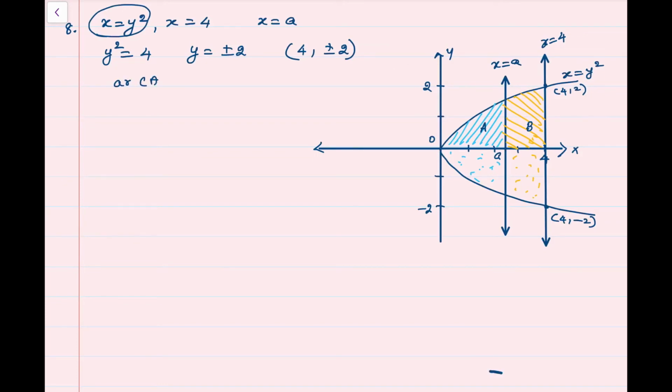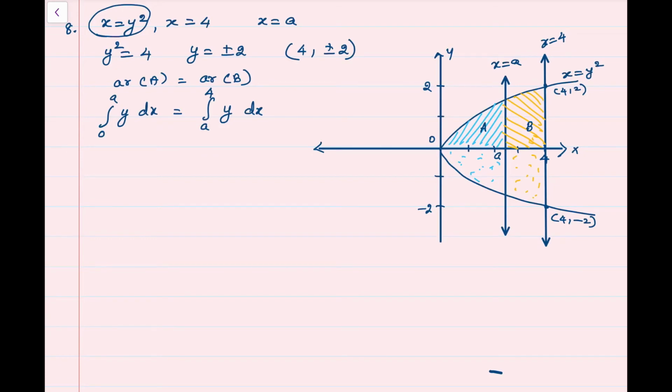So, area A is equal to area B, and both these areas are bounded by x-axis. So, I am going to do integration with respect to x-axis. Area A is integral 0 to a of y dx, and this is integral a to 4 of y dx. Same curve, same y we have to substitute.